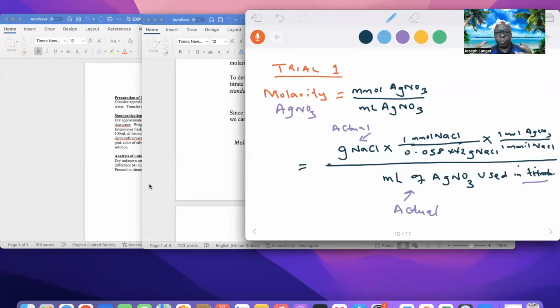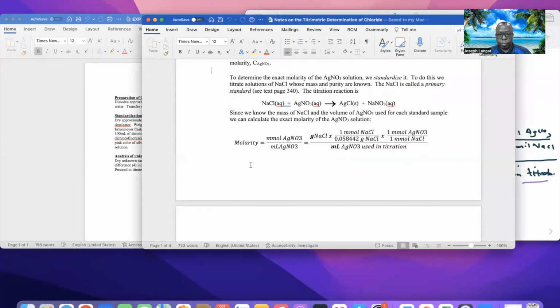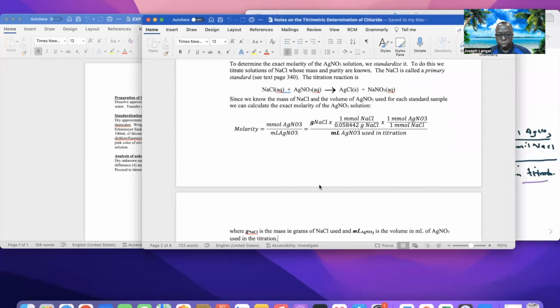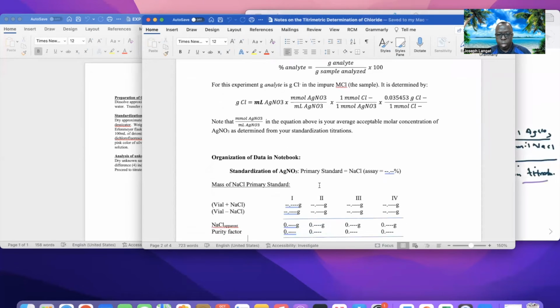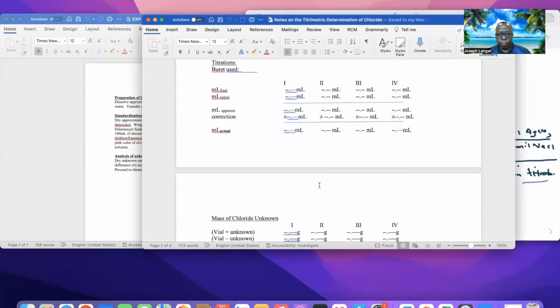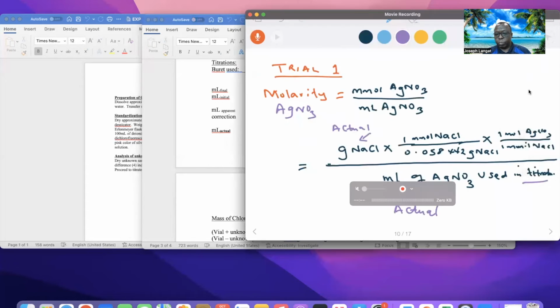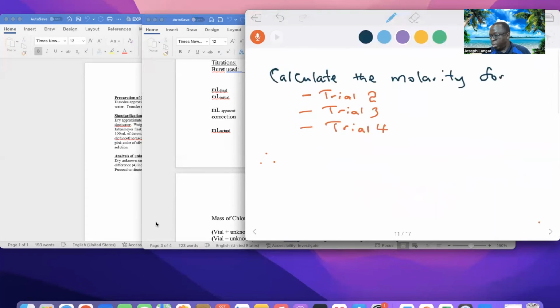Actual meaning you have to take into account the volume correction. If I go back to the data sheet, right here, this is the volume of silver nitrate. You'll do this for trial 1, trial 2, trial 3, and trial 4, calculating the molarity for each trial.